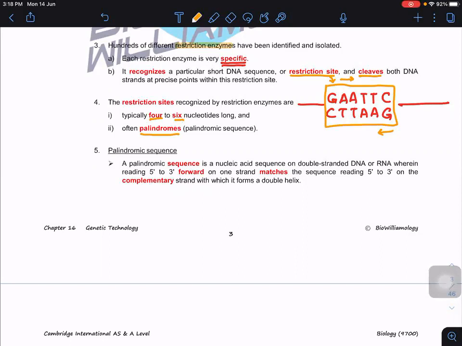GAATTC, when you read it the reverse way, also GAATTC. Very special. Until now, we do not know why they can do this, but they recognize what we call the restriction site, which has what we call the palindromic sequence. So GAATTC.